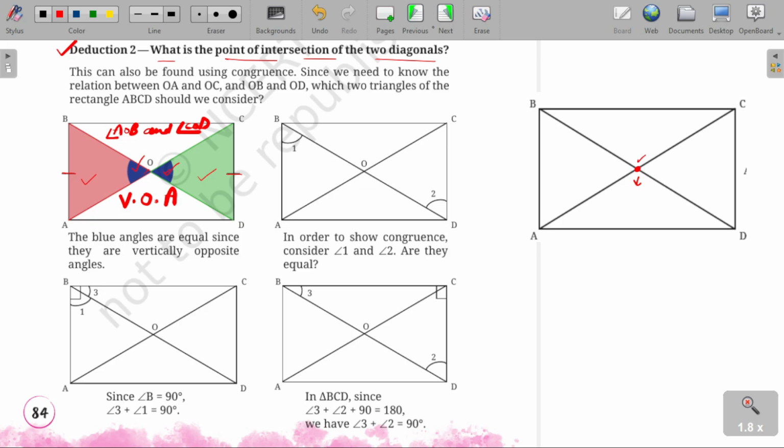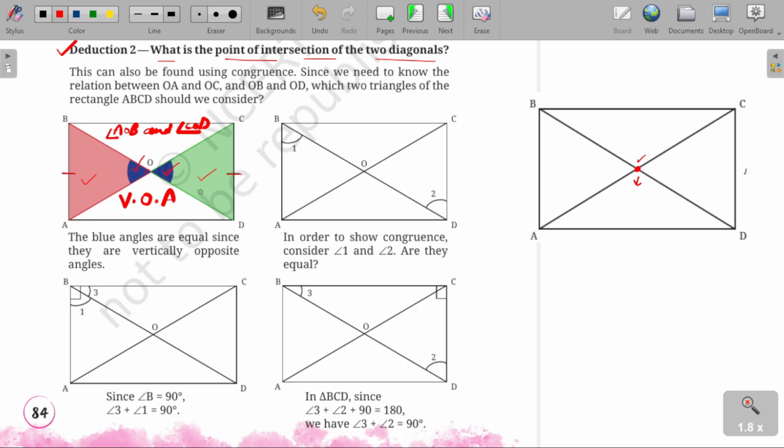You know that when two lines cut each other, the angles made opposite to each other are known as vertical opposite angles. Similarly, these two are vertical opposite angles. Now we are moving forward to prove it.